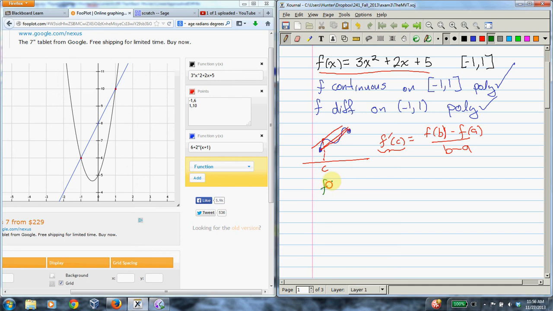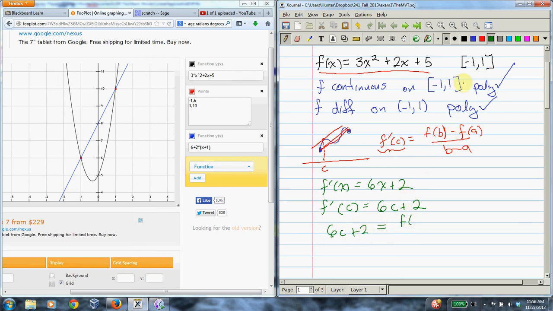So the derivative is 6x plus 2. And alright, so this is talking about f prime of c, so let me plug c in there. So f prime of c is going to be 6c plus 2. And what is supposed to be true is that 6c plus 2 is equal to this thing. And what is that?